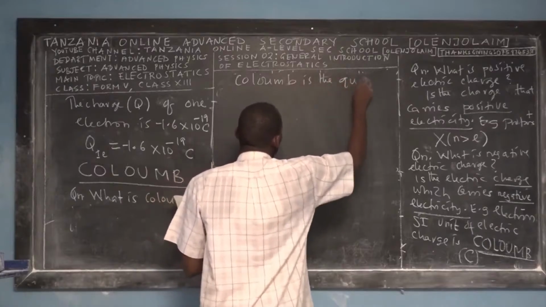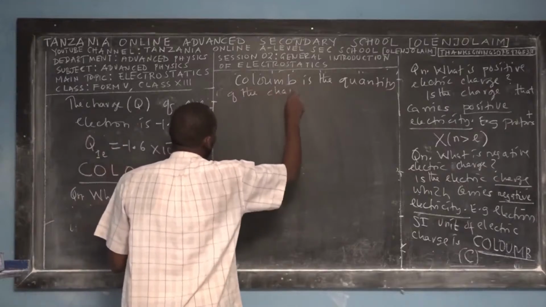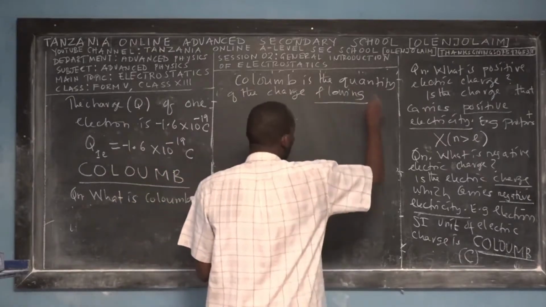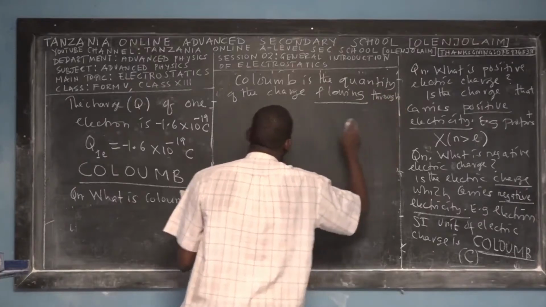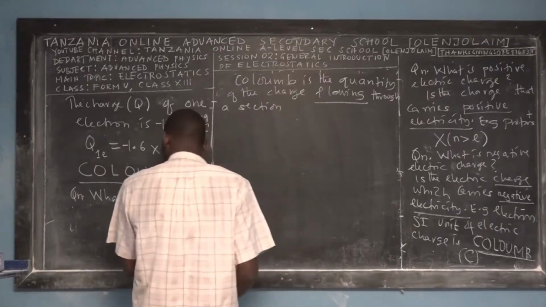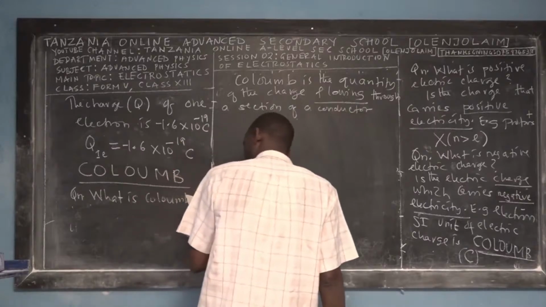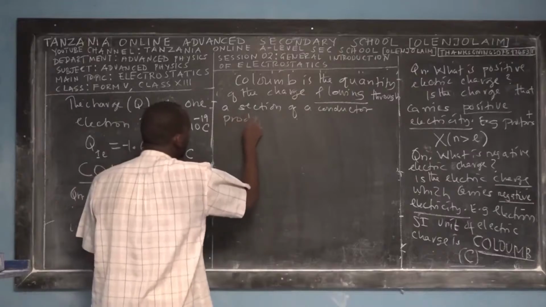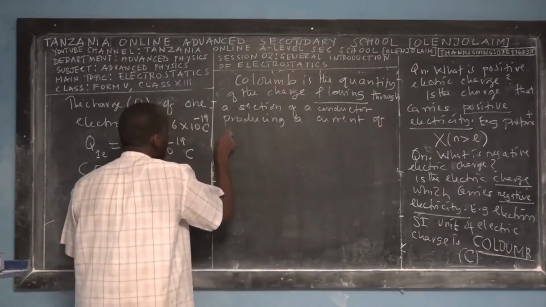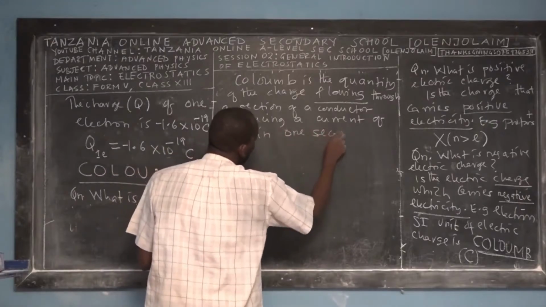Coulomb is the quantity of the charge flowing through a section of a conductor, producing a current of 1 ampere in 1 second.